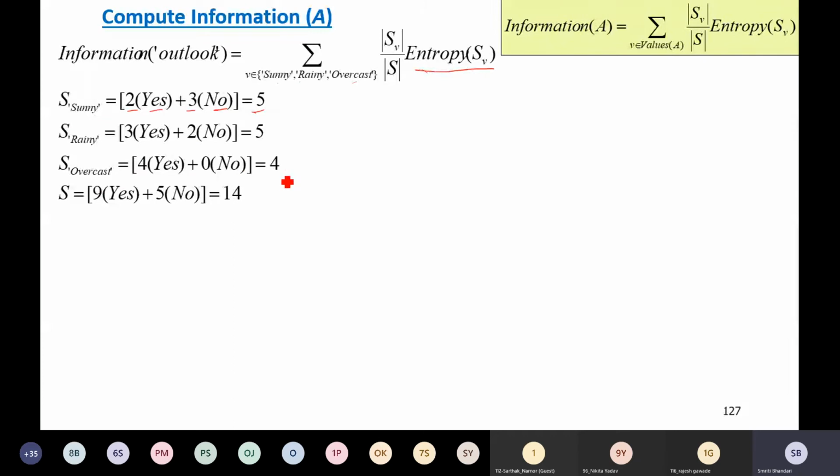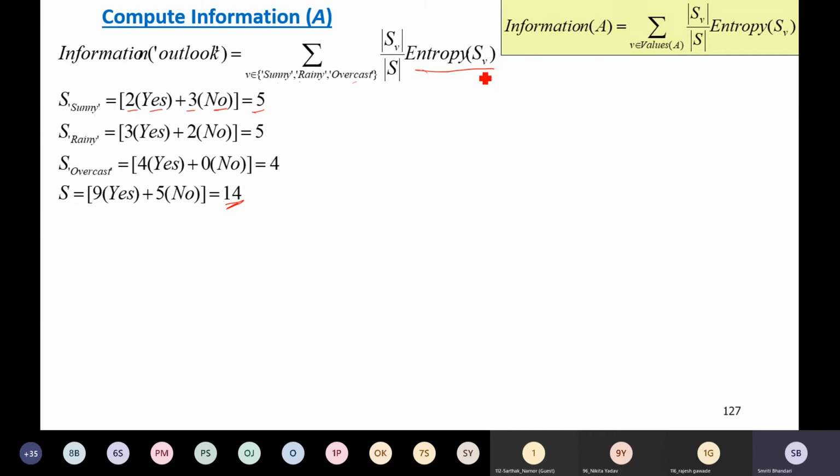S rainy equal to 5 and S overcast equal to 4. Right? And capital S, that is the total number of samples in our data set, 9 belonging to yes class and 5 belonging to no class. So total number of samples is 14. So these are the values of Sv and S. This is S sunny, S rainy, S overcast, and this is capital S.